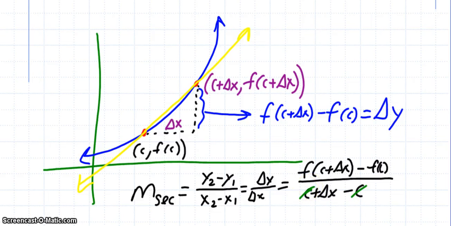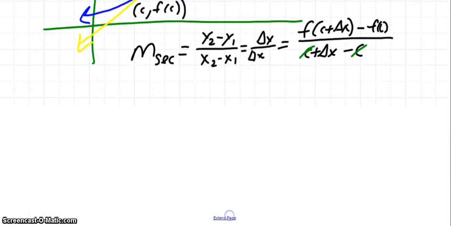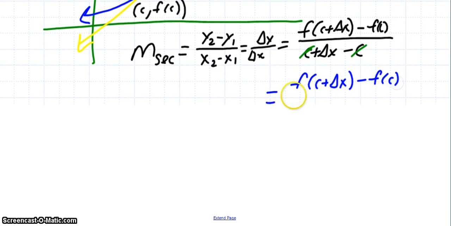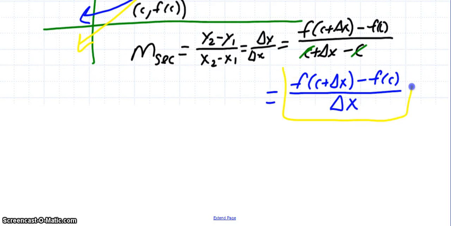Those cancel. And so I end up with a slope of f of C plus delta x minus f of C over delta x. Now you may be realizing, or maybe starting to see, the magic that is happening here.